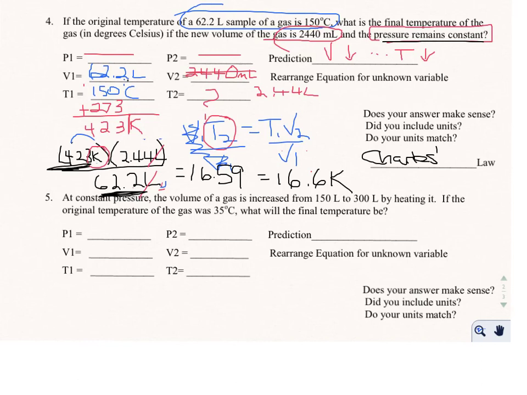Since it asked us to do the problem in Celsius, I need to subtract 273 degrees. And my final answer is negative 256 degrees Celsius. So indeed, the temperature did go down from 150 to negative 256.